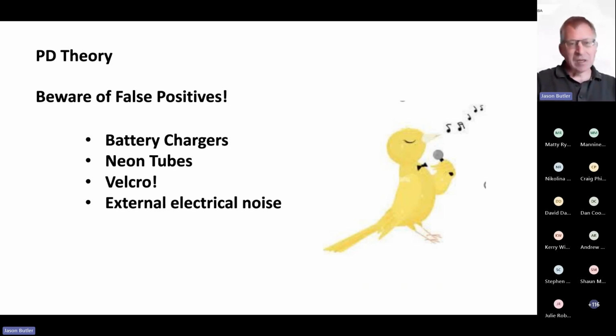Neon tubes, Velcro can do it. So again, external electrical noise can set these things off. So it's really important that you understand what causes these, so that you can make engineering judgments before you go into the high voltage enclosures.